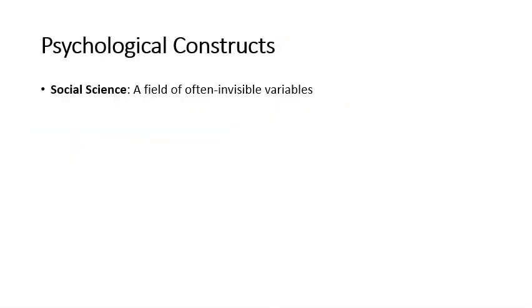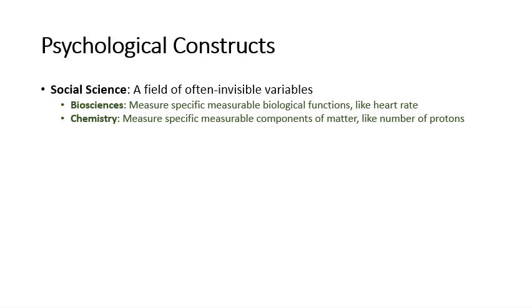So in psychology, we often measure psychological constructs. And social science is in fact a field where our variables are often invisible. We can't just count them like we have in the previous ideas. So think about biosciences. In biosciences, they measure specific measurable biological functions like heart rate, blood pressure, weight, things like that. Chemistry.